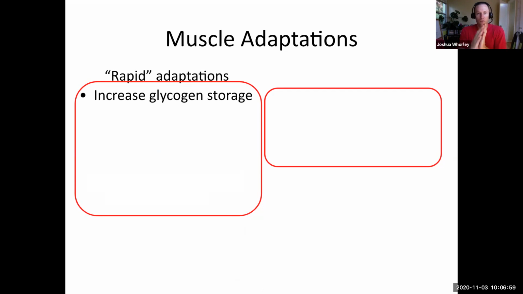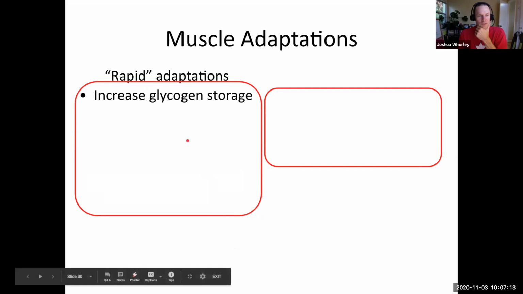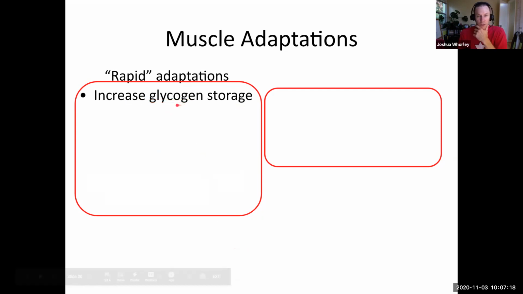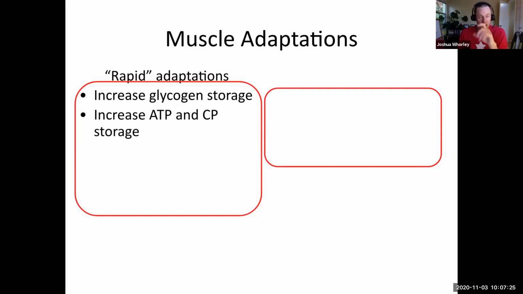And even when this verges on endurance to kind of resistance training, so even when it verges on becoming more anaerobic, and even when you start relying more on glycolytic products from your active muscles, they will all respond in this way. They'll increase their glycogen storage. So after this challenge, they're going to store more glycogen than they had before. They're going to increase their ATP and creatine phosphate storage, right? The more of this they have on hand, the longer they can sustain activity.